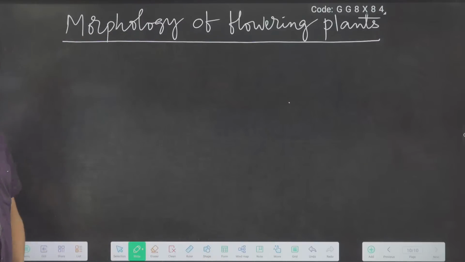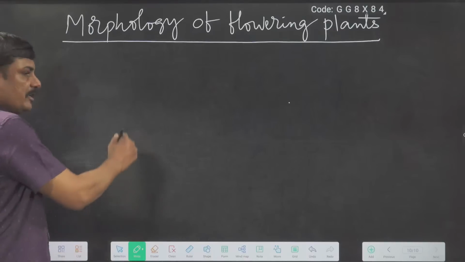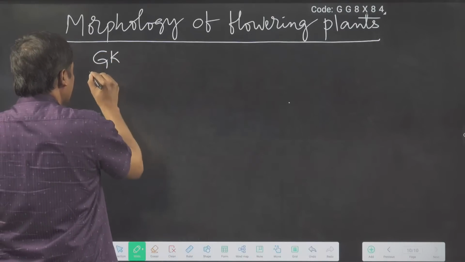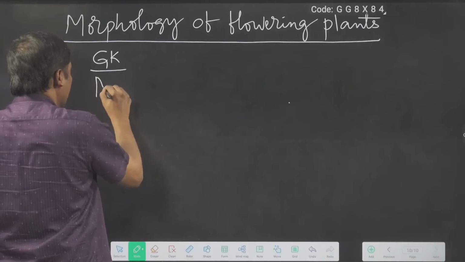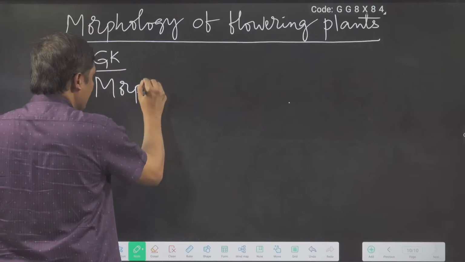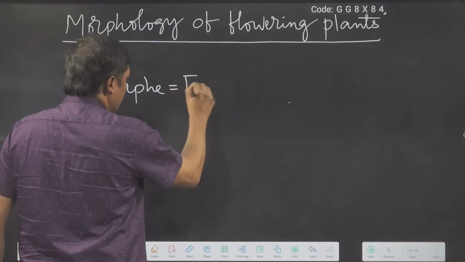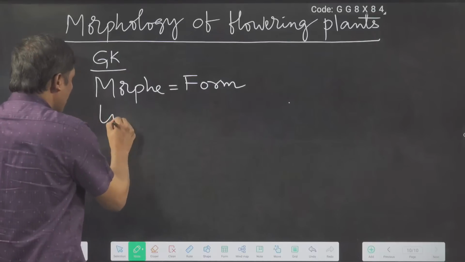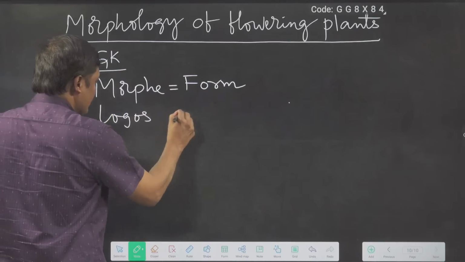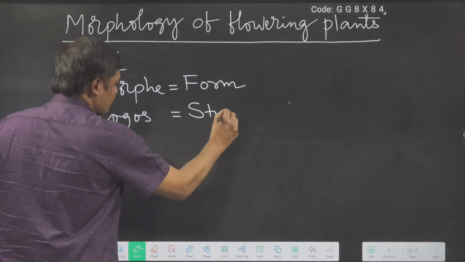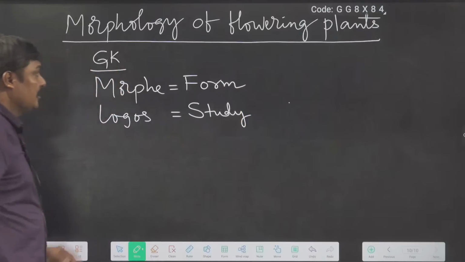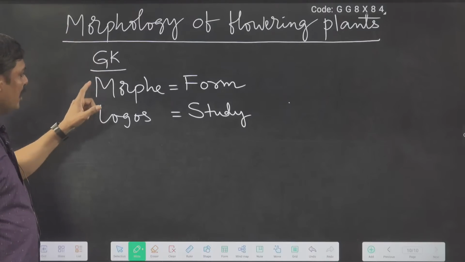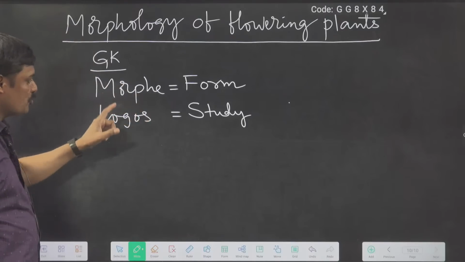The term morphology was derived from the Greek language. Morphe means form. Logos means study.